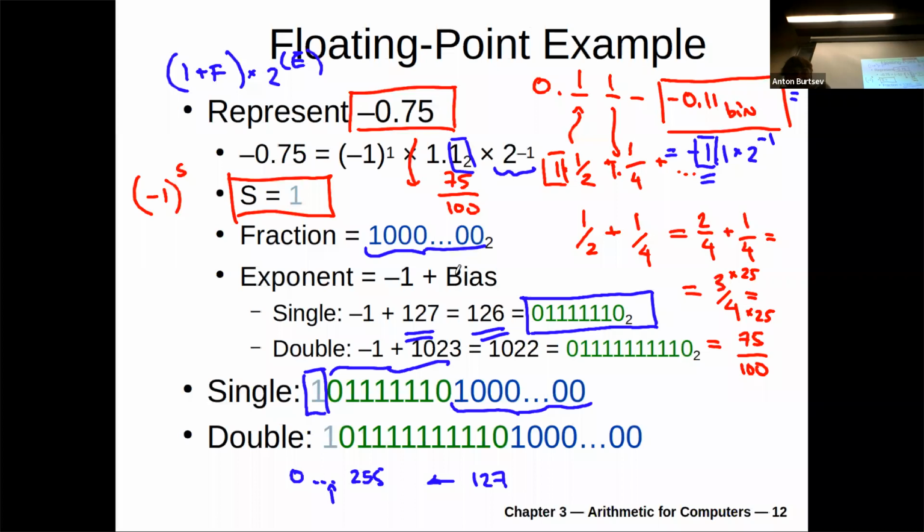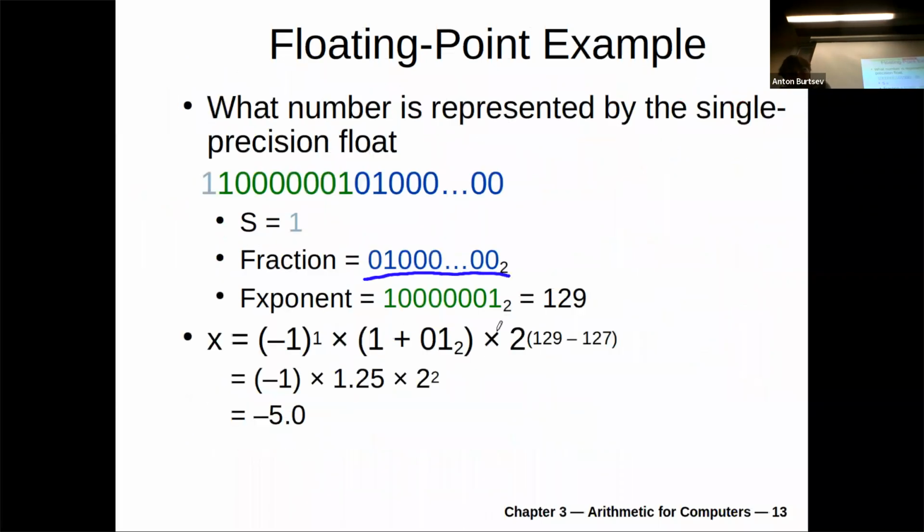But the point is that this represents powers of 2. So if you have something like 1, 1, 1, this is 0 multiplied by 1/2, plus 1 multiplied by 1/4, plus 1 multiplied by 1/8.